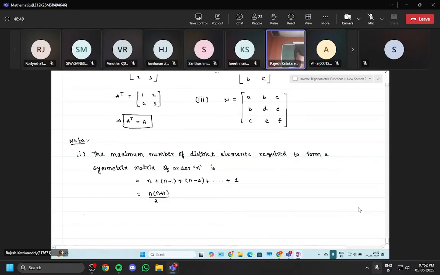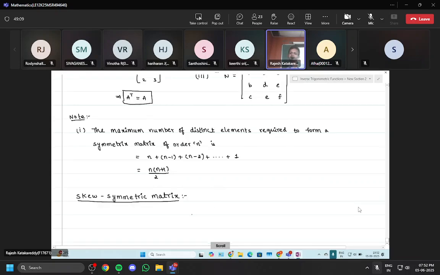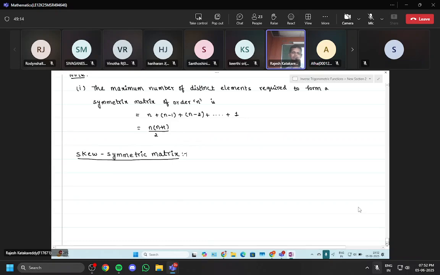Next is skew symmetric matrix. You can write the definition similar to symmetric. Only change is that A transpose is equal to minus A. Skew symmetric matrix is similar to odd function. Symmetric matrix is similar to even function.